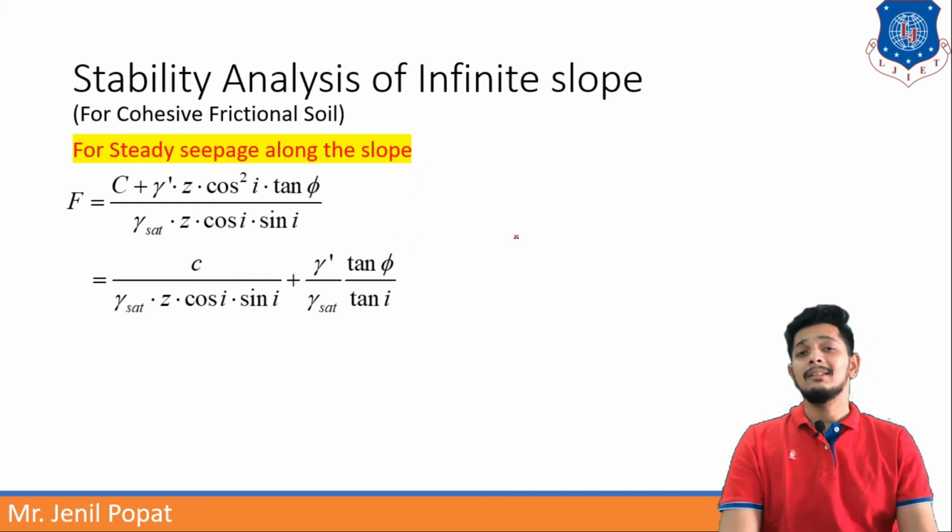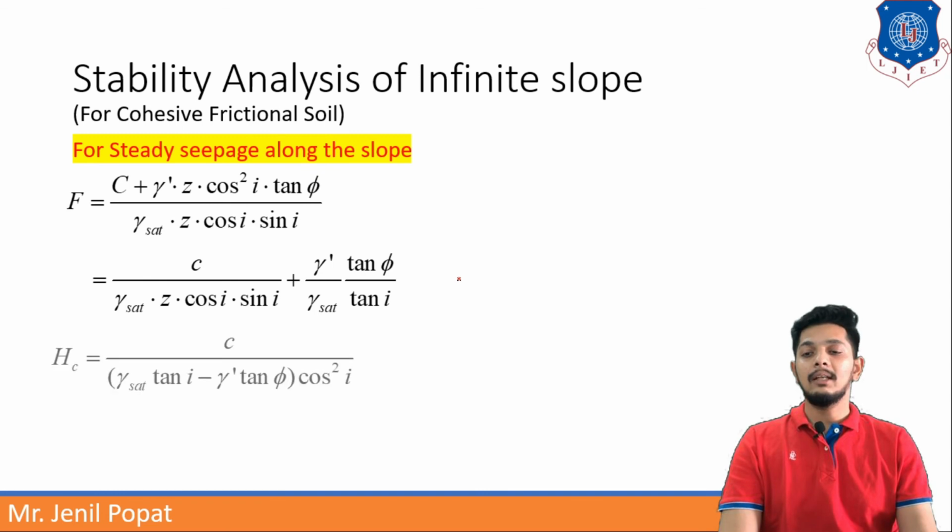Dividing both by the same term, we get the right hand side as gamma dash upon gamma sat into tan phi by tan I. Now we define critical height hc as c upon gamma saturated into tan I minus gamma dash tan phi into cos square I.